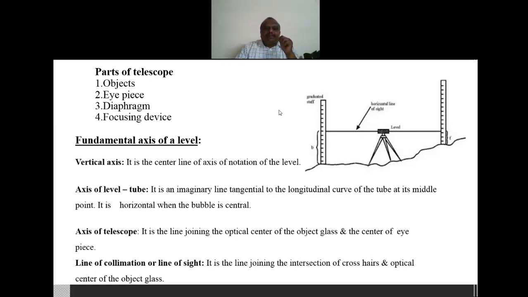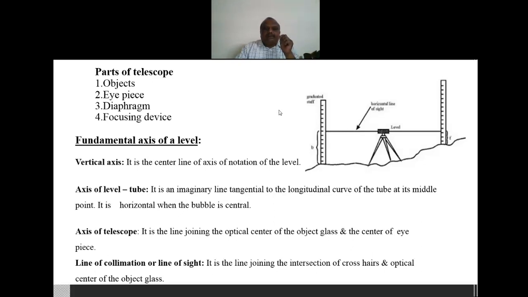The third one is the axis of telescope. It is the line joining the optical center of the object glass and the center of the eyepiece. And the last of the fundamental axes is the line of collimation or line of sight.